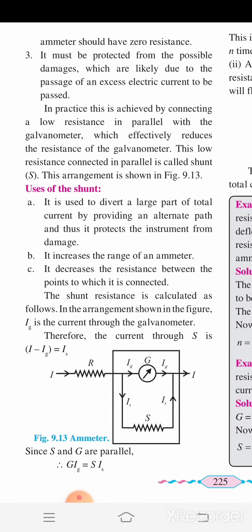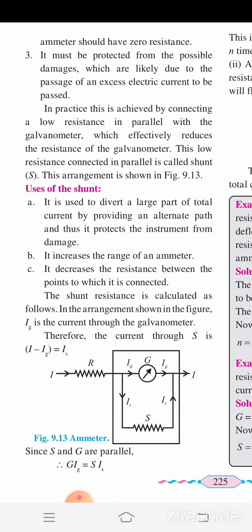The second use of shunt is that it increases the range of an ammeter. By connecting a shunt to the galvanometer, the range of the ammeter is increased. Means for increasing the range of the ammeter, we use the shunt with the galvanometer. And the third use is that it decreases the resistance between the points to which it is connected.